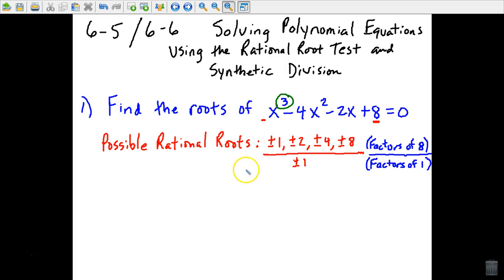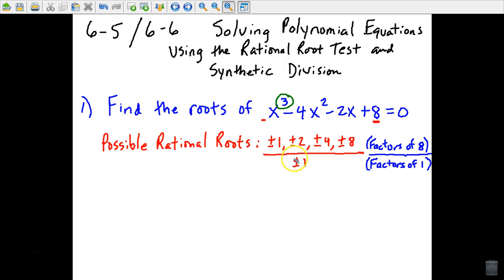So here's the way the rational root theorem, or I've called it here the rational root test, works. To get the possible rational roots, the rational root theorem basically says this. If you make a list of all of the factors of the constant, that's the last number in our polynomial, and here they are, all of the factors of 8 in this case, both the positive and the negative, over the factors of the very first number, which in this case is 1.